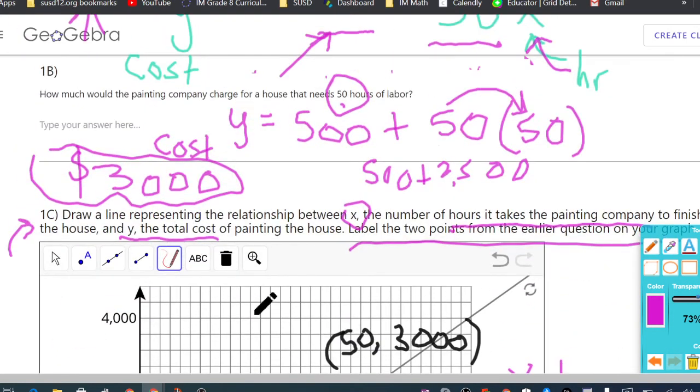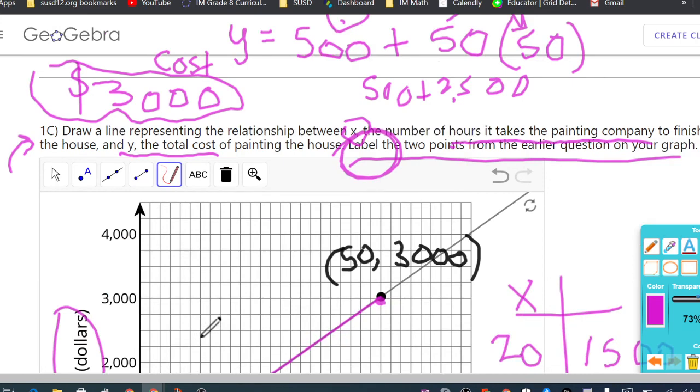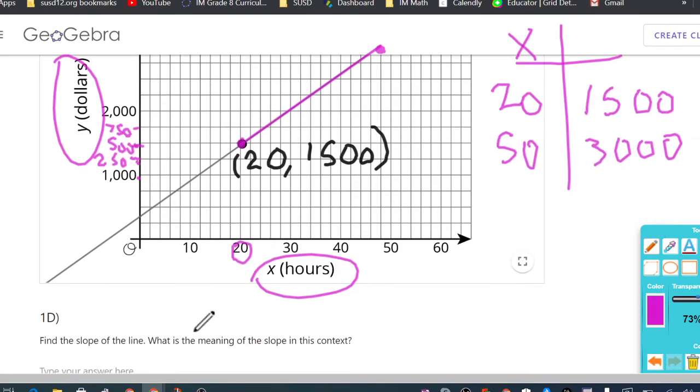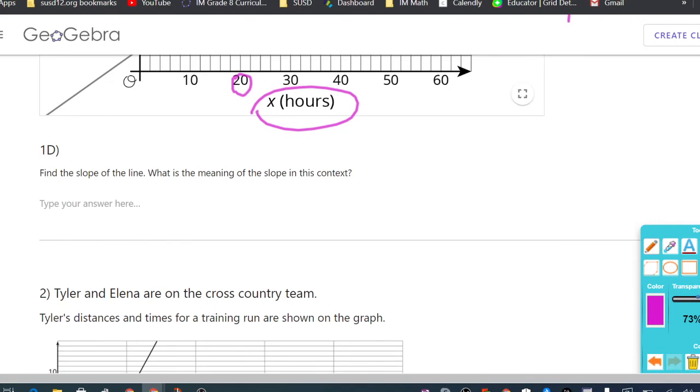Okay, because the direction said label the 2 points from the earlier problem on your graph. Right there, label them. Draw a line and label the points. Okay, I did it.